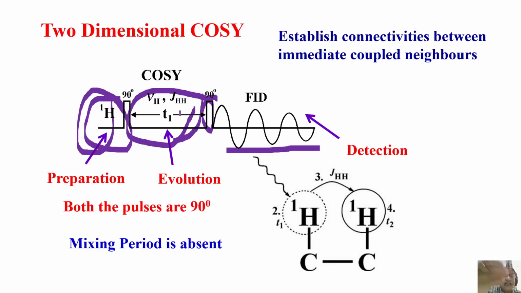When I keep increasing the delay t1, I keep on getting the FID, I collect the signal, and I generate a pseudo free induction decay in the indirect dimension, which is also damping like an exponential decay, similar to this. So in the evolution period, we allow the spins to evolve, and then we start detecting the signal. What happens here and here I will explain later.